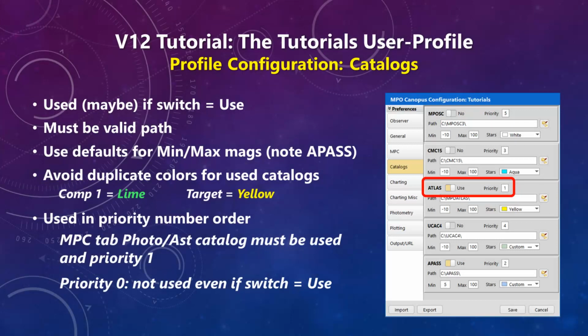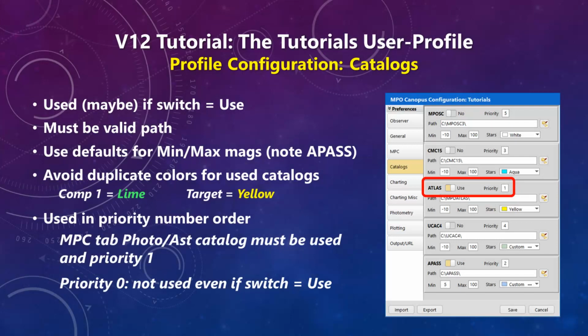Version 12 allows you to select not only which star catalogs to use, but their priority when selecting stars to be used for photometry and astrometry. This is why the Used switch is not necessarily Yes. You can select custom colors by using the drop-down list in a catalog section.